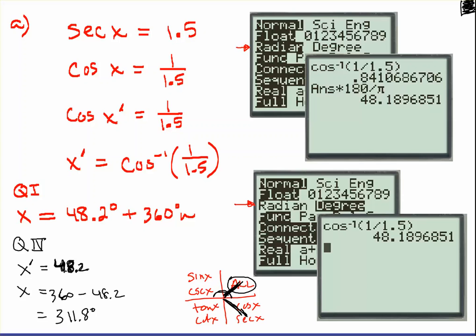Now that's just once, right? Finding all those solutions, we're going to add 360n. And now we have to specify what n is. We say n is an integer, or for any integer n.